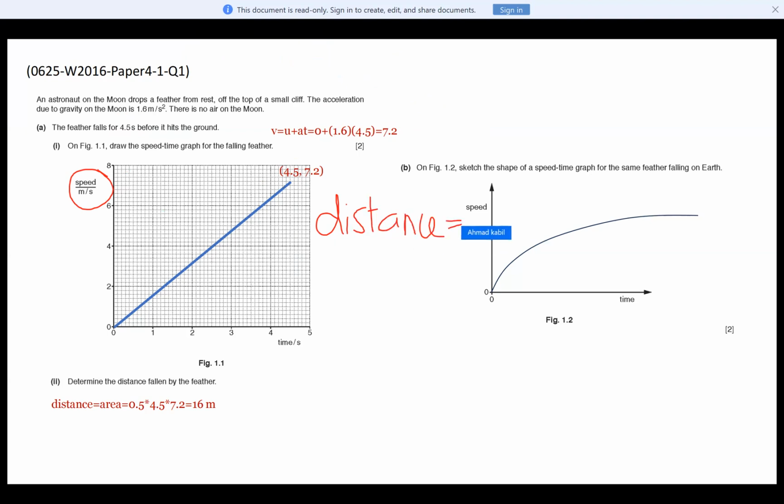And let me give you a brief summary of how to remember what the slope is and what the area is and so on. So imagine that you have three brothers, A, V, and X, living in three different levels or stories in the same building. So A lives on the first floor, V lives on the second floor, and X lives on the third floor, for example.